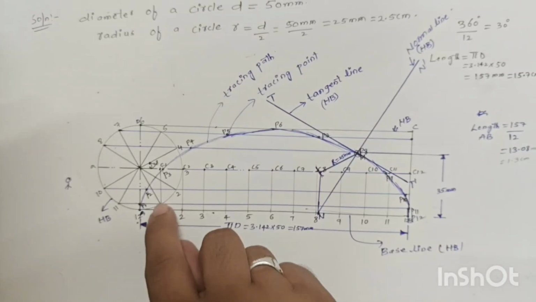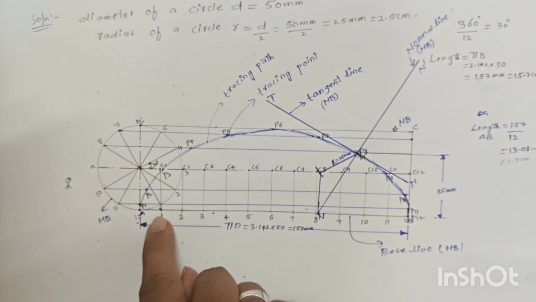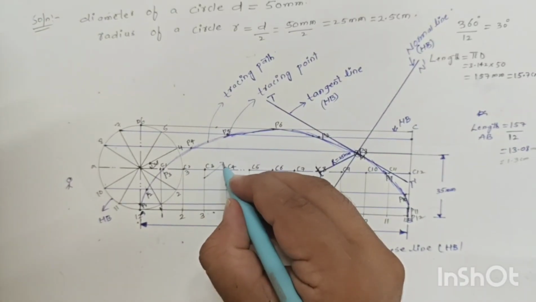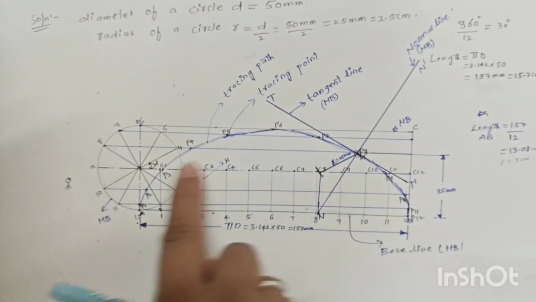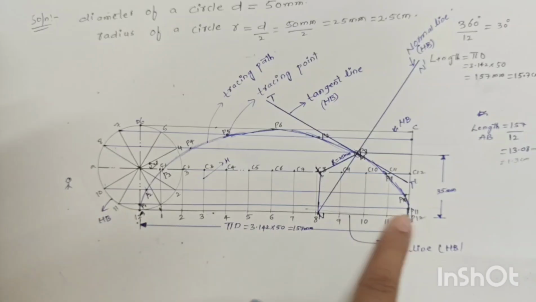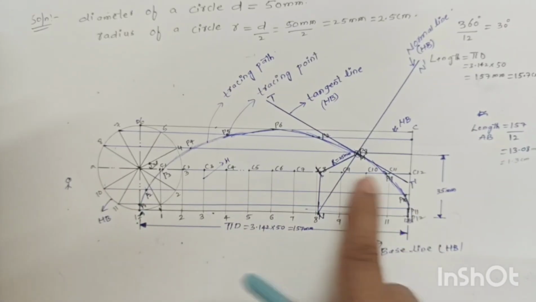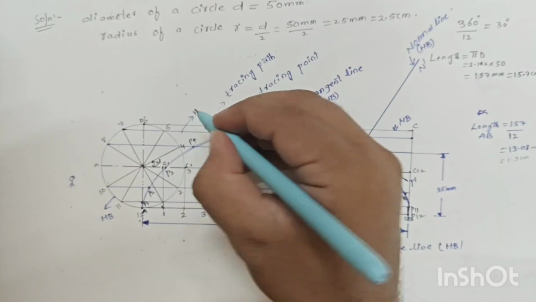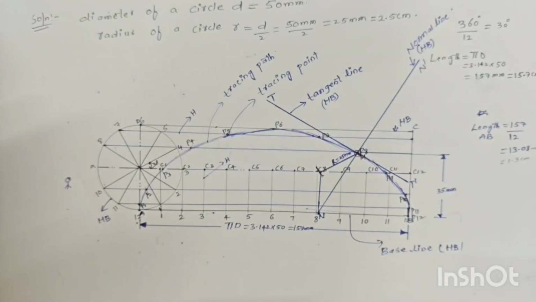Then, all inside lines, this all 1 to C1, 1 to C2, all lines, we have to use H pencil. All horizontal lines, from 11 to 1, 10 to 2, 9 to 3, 8 to 4, 7 to 6. Which pencil we have to use? H pencil. Clear?